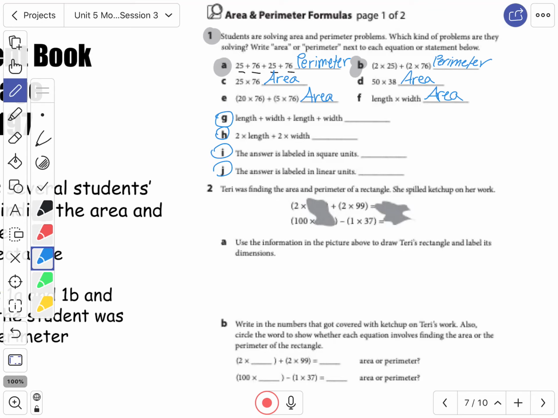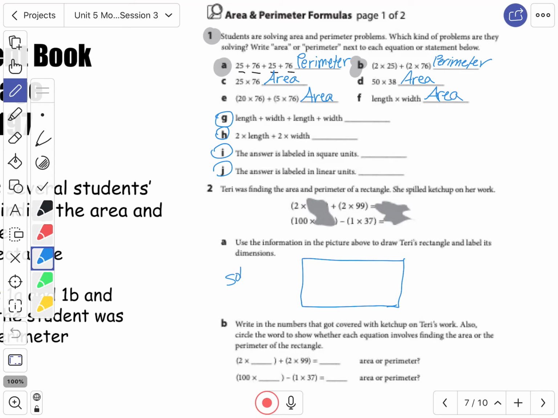And then number 2. Terry was finding the area and perimeter of a rectangle, and then she spilled ketchup on her work. Yikes, okay? So you can see those ketchup blobs there, which to me kind of look like shadow puppets, but they're not. So you're going to use the information in the picture above to draw Terry's rectangle and label the dimensions. All right, so you want to draw the rectangle, and then be sure to label the dimensions, and then solve, okay? I want to see your work.